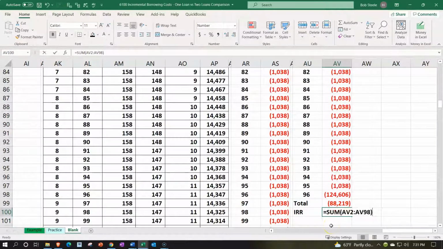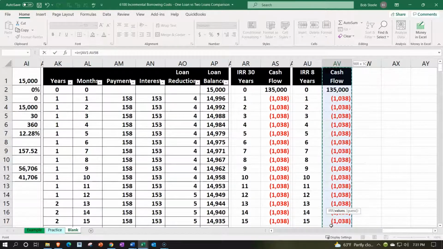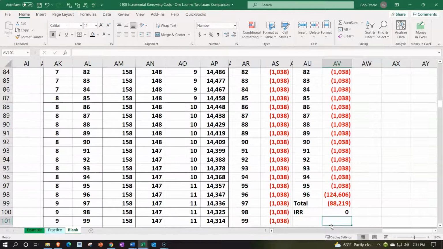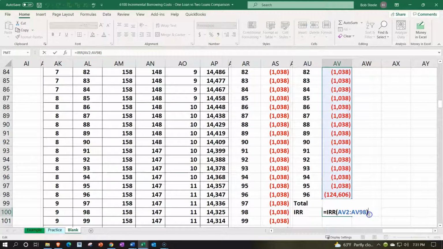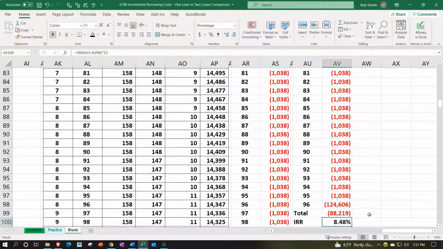It's the IRR that we're doing, not the sum. So we'll take the IRR, the rate at which that series of cash flows would be 0, add the percent, add some decimals. That's the monthly amount. Double clicking on it, going to the end of it, multiplying times 12 to get the yearly amount. We're at the 8.48. So 8.48.